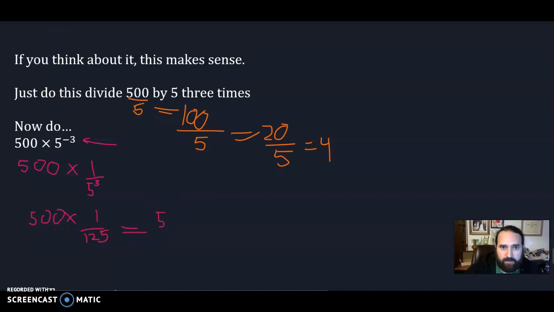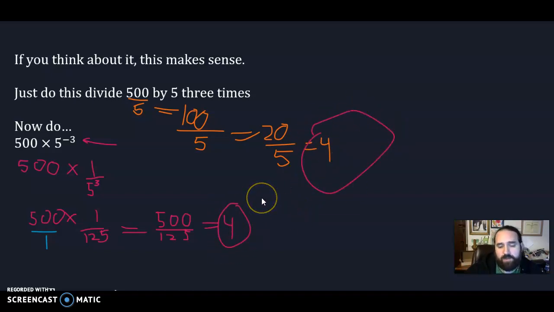I'm going to put the 500 over 1, and I'm going to go, okay, 500 times 1 is 500. 1 times 125 is 125. 500 over 125, you guys can take a moment, figure it out, and you're going to get 4. I got the same answers in both places. So by converting it into a fraction, we make it like division. So that's kind of it.